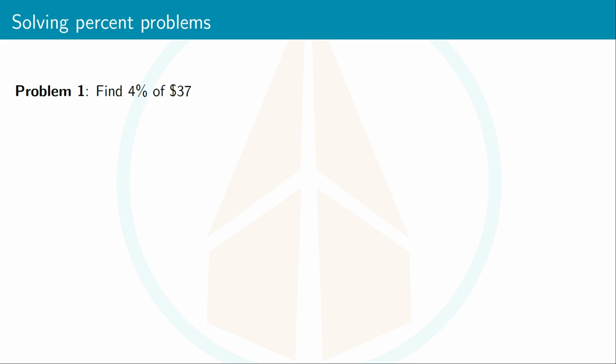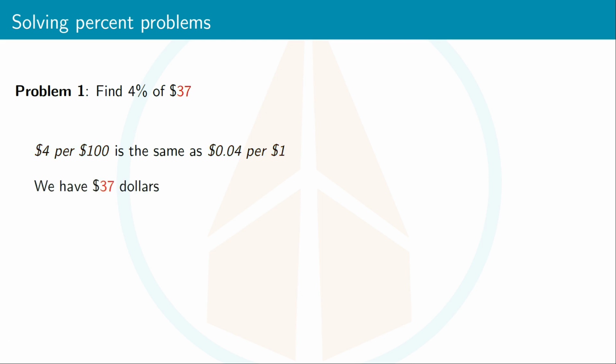Let's see how we can do this. $4 per $100 is the same as 4 cents per $1. Well, we have $37. If we take 4 cents per each dollar and we have $37, of course, we can multiply 0.04 and 37 and we'll obtain 1.48 as our answer. Therefore, 4% of $37 is $1.48.